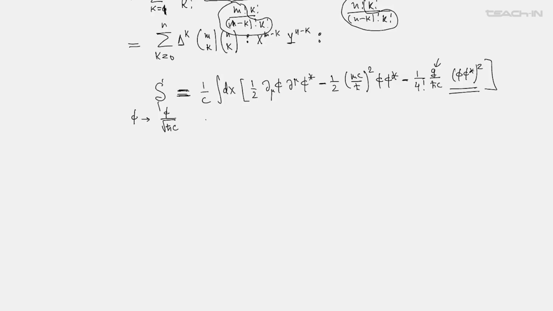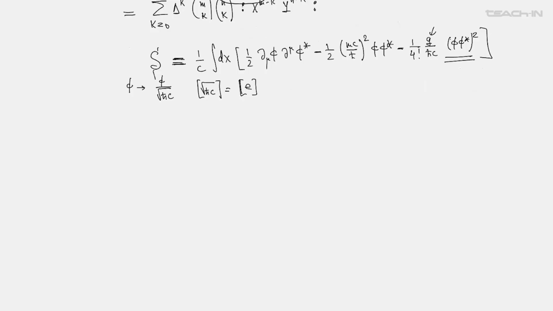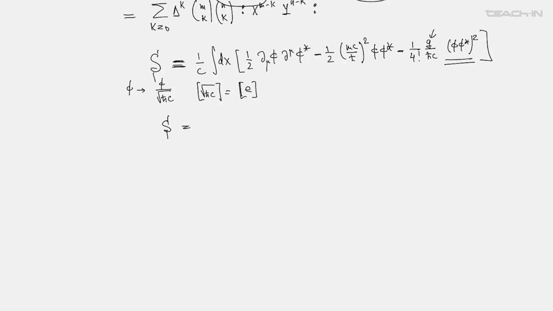If you do this rescaling, then the action has an explicit prefactor, which is just h bar c, standing in front of the integral, and the integral itself is then a dimensionless quantity, because we know that action must have the dimension of h bar.